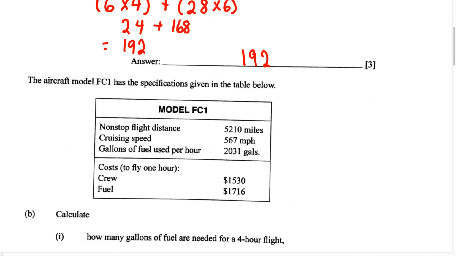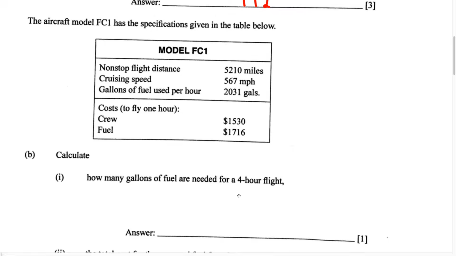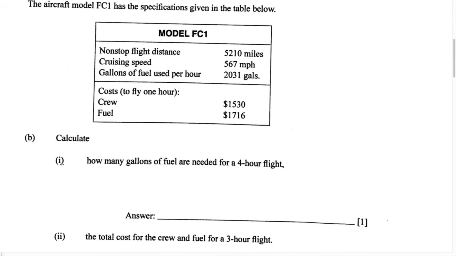And the gallons of fuel used per hour is going to be 2,031 gallons. Now it says cost. To fly 1 hour, for the crew, it's going to be 1,530. And for fuel, which is gas, it's going to be 1,716.